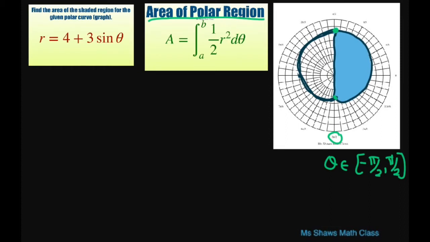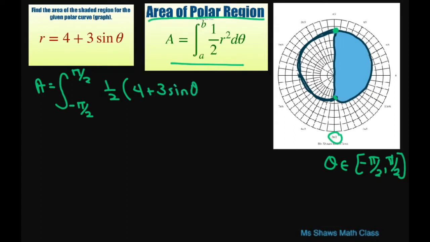So let's use our formula here and write this as the area equals the integral from negative pi divided by 2 to pi divided by 2. We're going to have 1/2, and we take our r and square it, d theta.